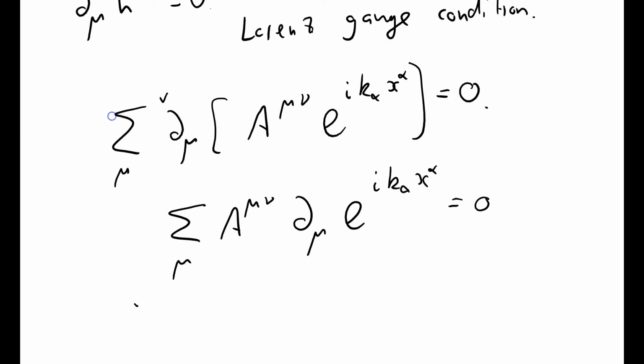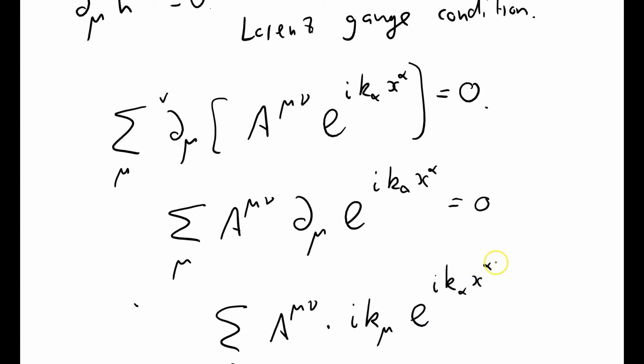And it's the same argument as last time. It's the sum over μ of A^μν times the ∂_μ, which picks out the component of this sum here which is equal to μ. So it's k_μ e^(i k_α x^α), and that whole thing equals 0.